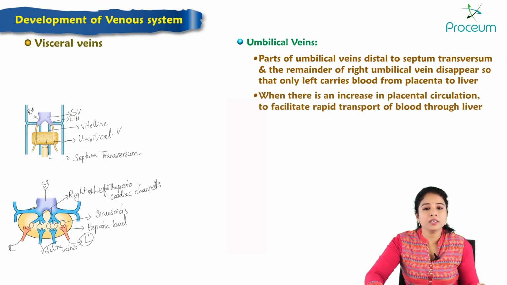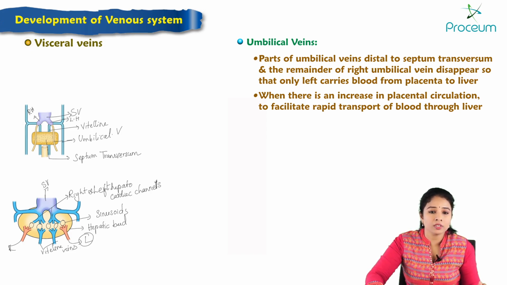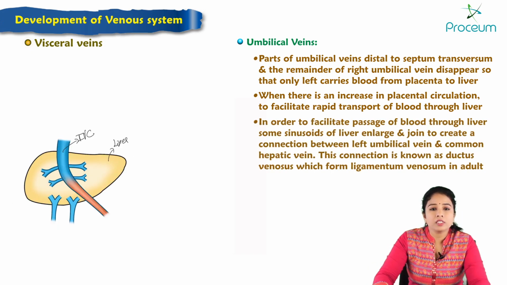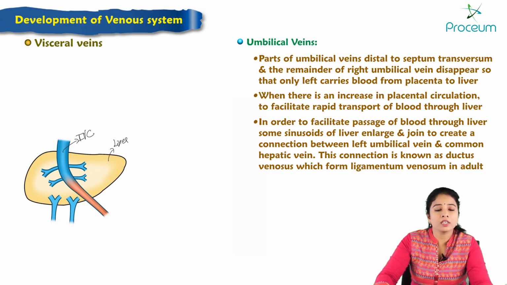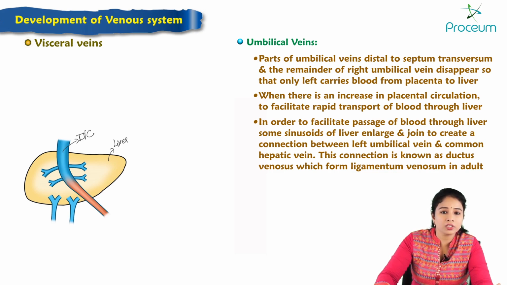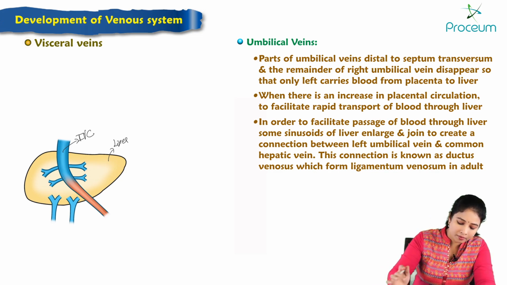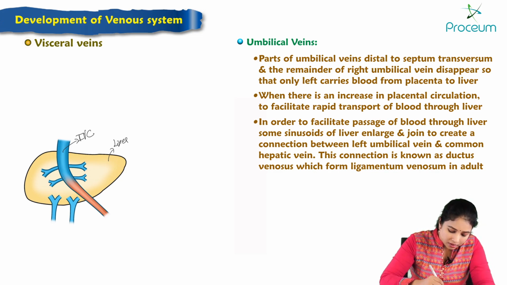When there is an increase in the placental circulation, in order to facilitate rapid passage of blood through the liver, some sinusoids of the liver get enlarged and joined to create a new connection between the left umbilical vein and the common hepatic vein.